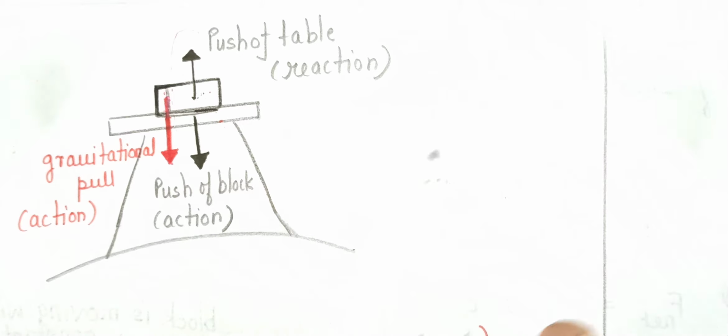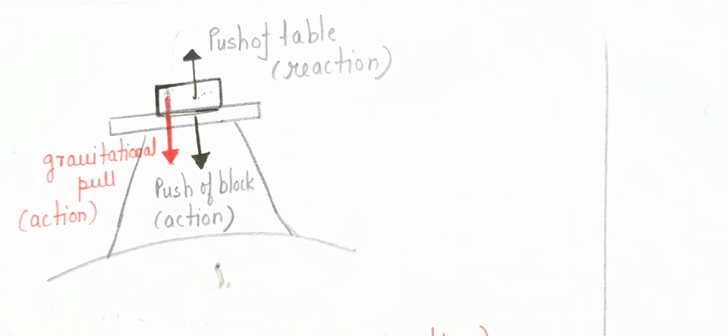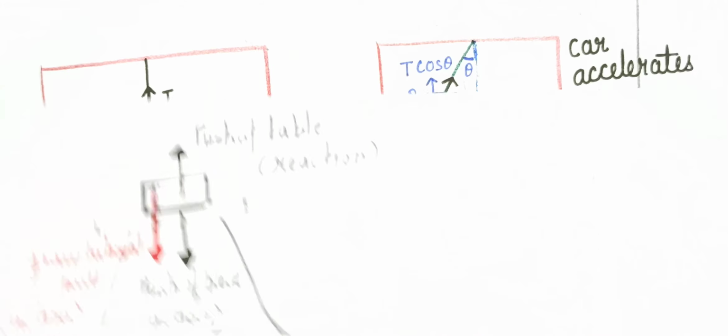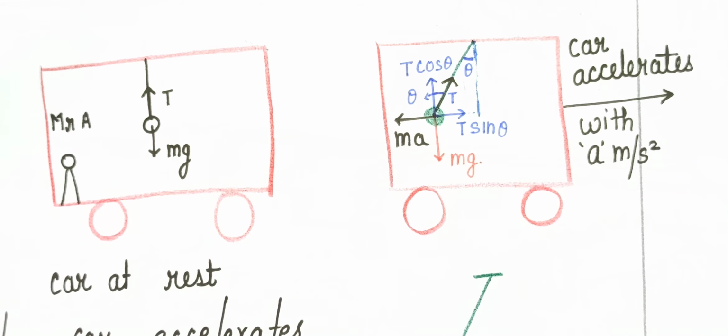So all the three Newton's laws of motion we have discussed, and now we start with the pseudo force, a very interesting concept. Class 10th, centrifugal force is one pseudo force. But what is the origin of this centrifugal force? That you will understand in this video lecture.